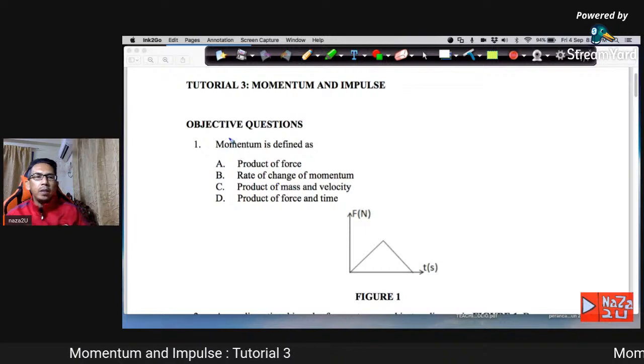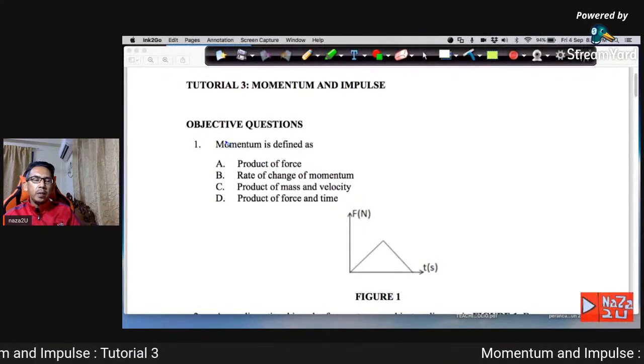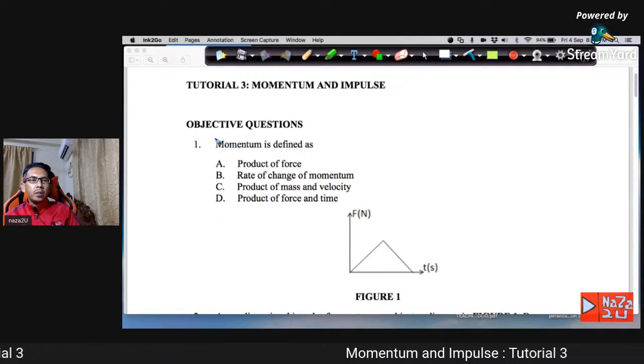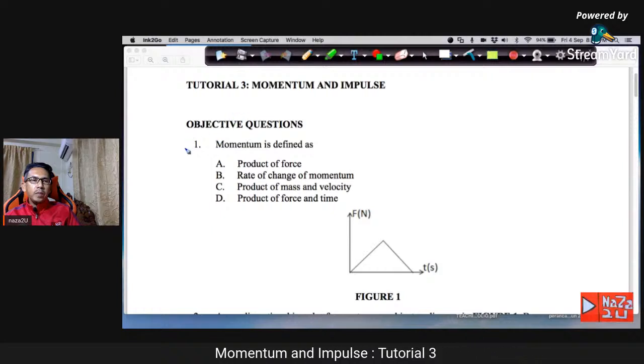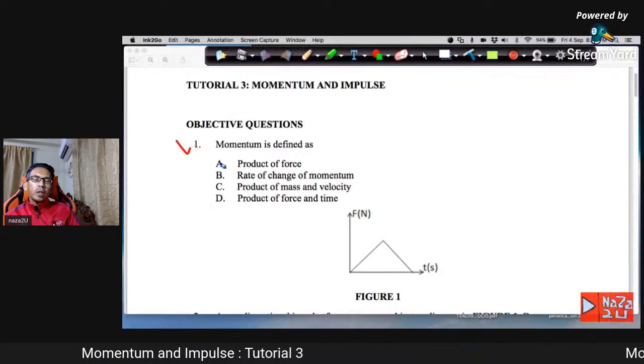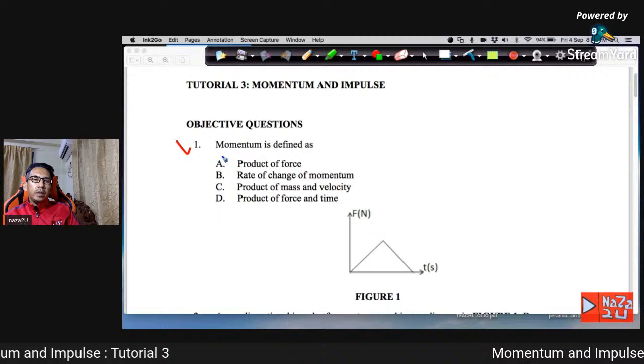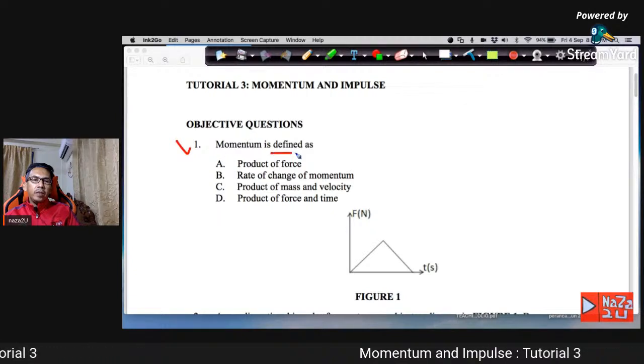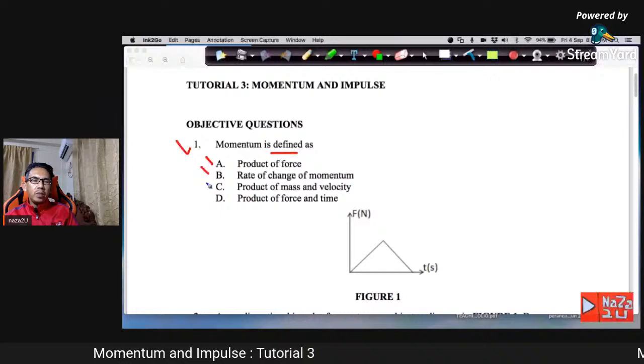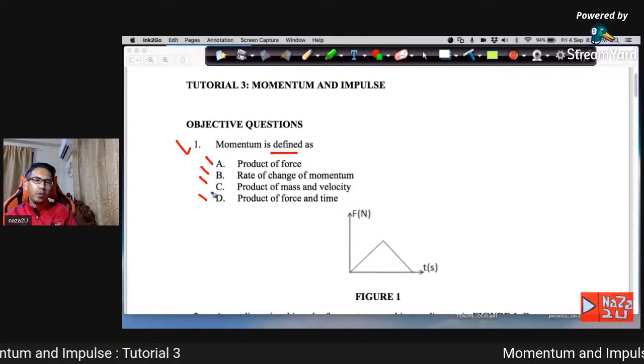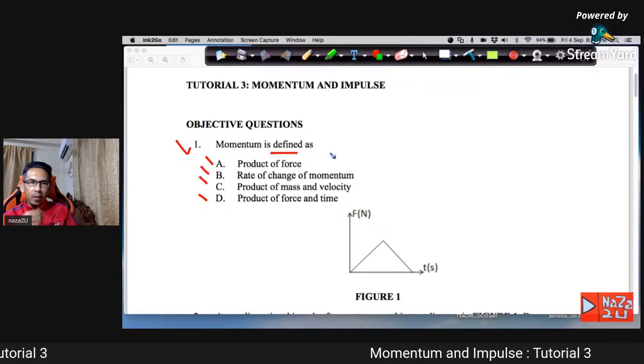So, jadi kita pergi dulu kepada soalan yang pertama, yang untuk objective question. Question number 1. Momentum is defined as product of force, rate of change of momentum, product of mass and velocity, or product of force and time.